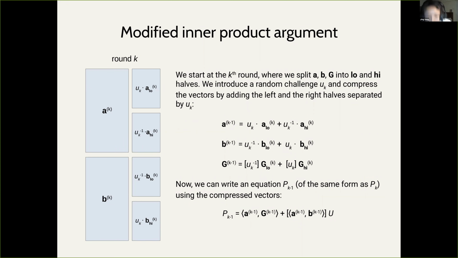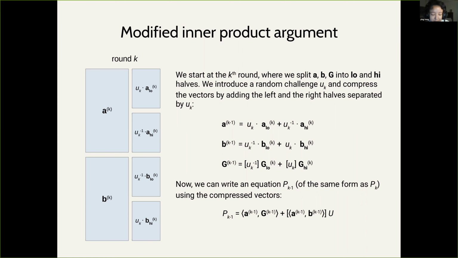So that's the inner product argument. We're going to prove that we satisfy P_k, and we're going to move through k rounds. At first it might seem like you don't know where we're going, but it will become clear. We're just going to do the same thing every round for k rounds.